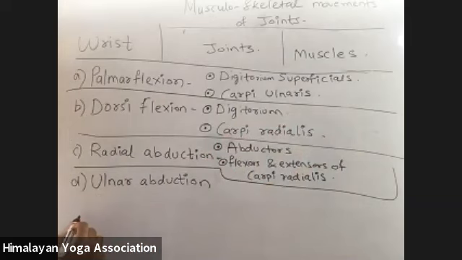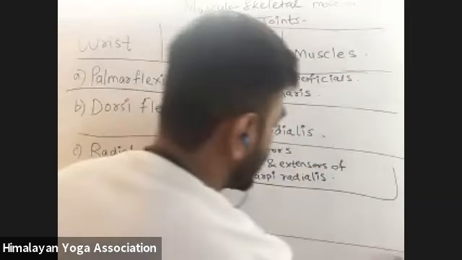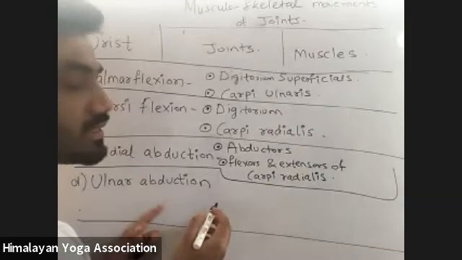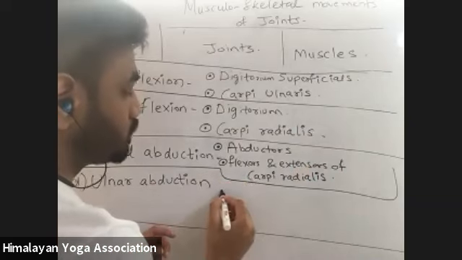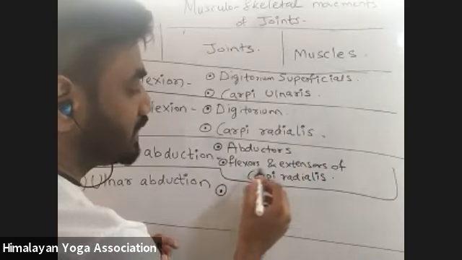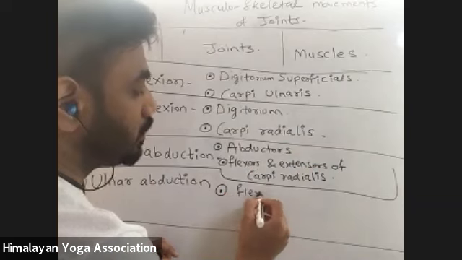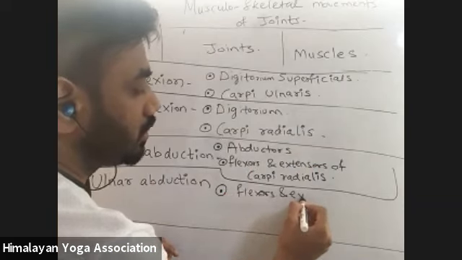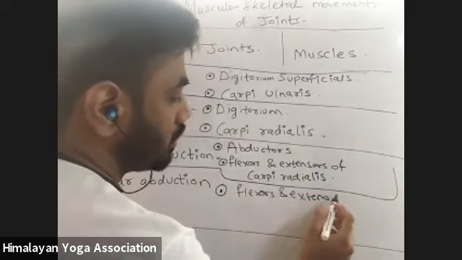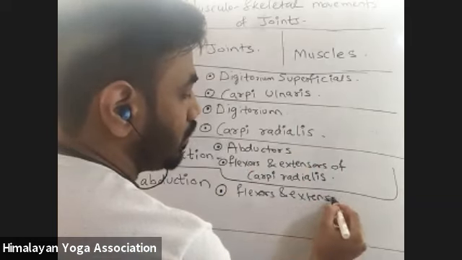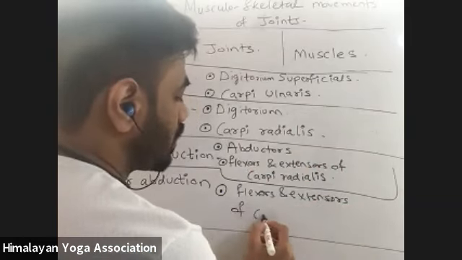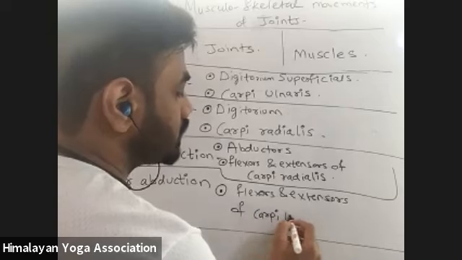Now, ulnar abduction movement, again, we have the extensors group. So flexors and extensors group here of carpi ulnaris muscle.